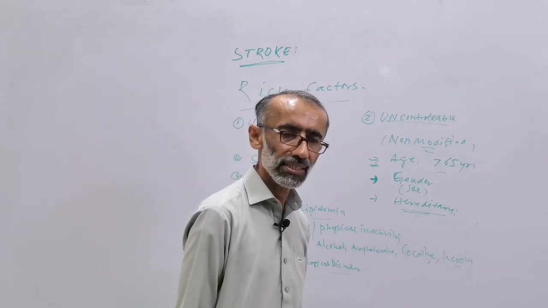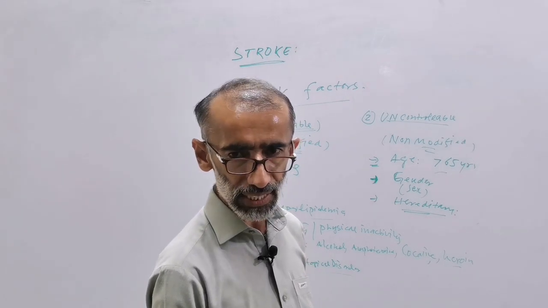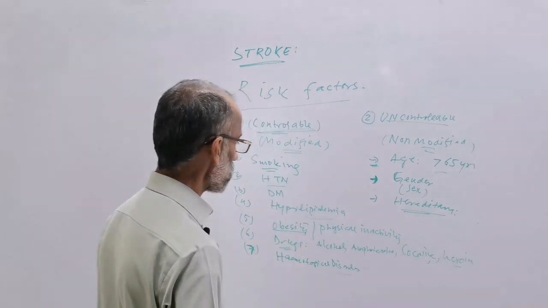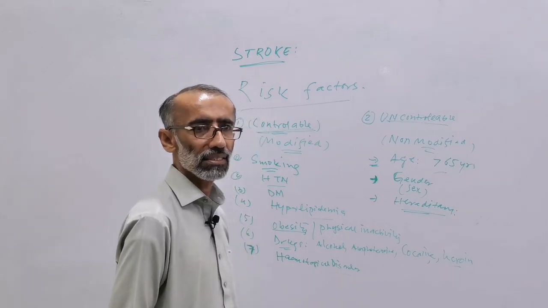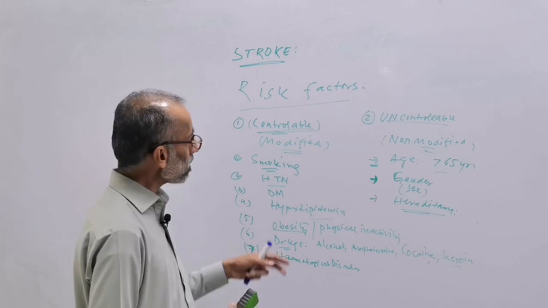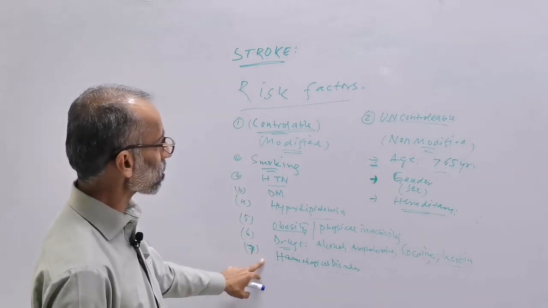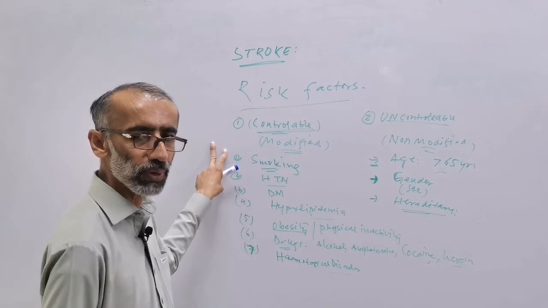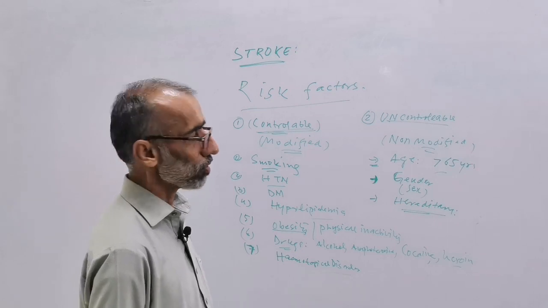Hemophilia, a bleeding disorder, can lead to hemorrhagic stroke. And certain cardiac diseases such as atrial fibrillation. These all are controllable. We can change, modify, treat, and cure them.